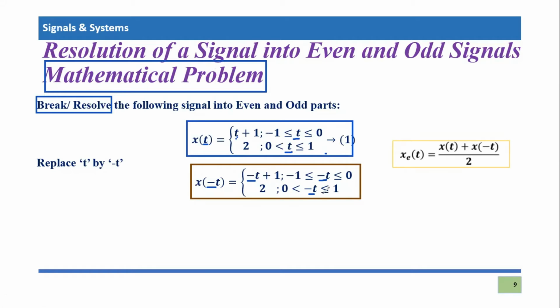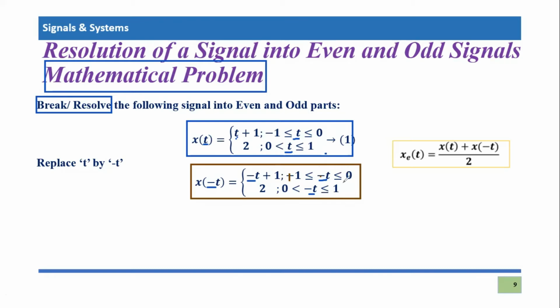We already know that we need to modify the time interval here, because this is not positive t, this is negative t. So what is going to happen? We have to multiply by minus on both sides. Whenever you multiply by minus on both sides, this minus will become plus. And of course, 0 is a non-negative number, so multiplication with a minus sign won't matter here. But the most important thing is that these inequality signs will be altered.